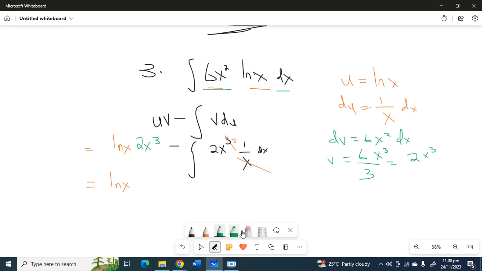So we can say 2x cubed times the natural log of x minus the integral of 2x squared, that's going to be 2x to the power 3 over 3 plus c. And that is our answer.